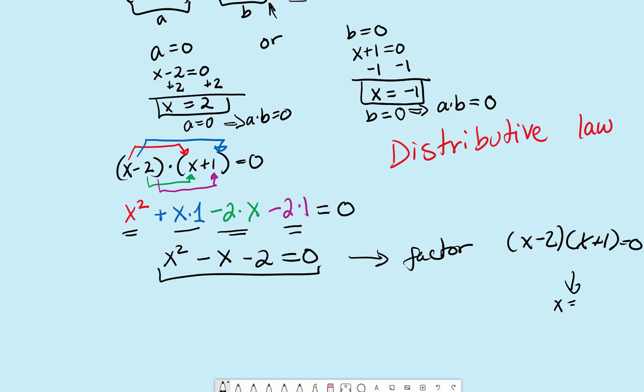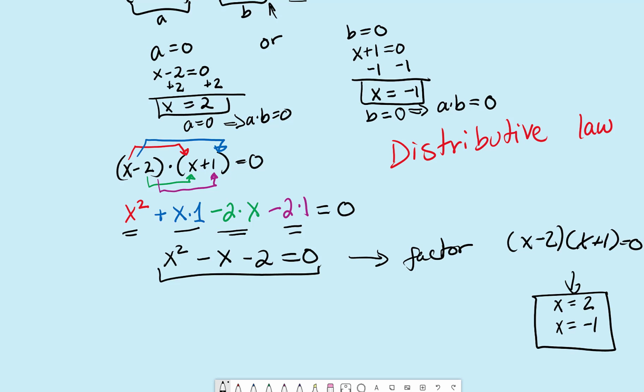Then we know that x equals 2 and x equals negative 1 are both our solutions. So this is the power of factoring, and this is why we factor. But what enters here strongly is the distributive law, so we have to make sure we're counting our terms correctly. Once we factor our polynomial that is within an equation, solving it becomes much, much easier.